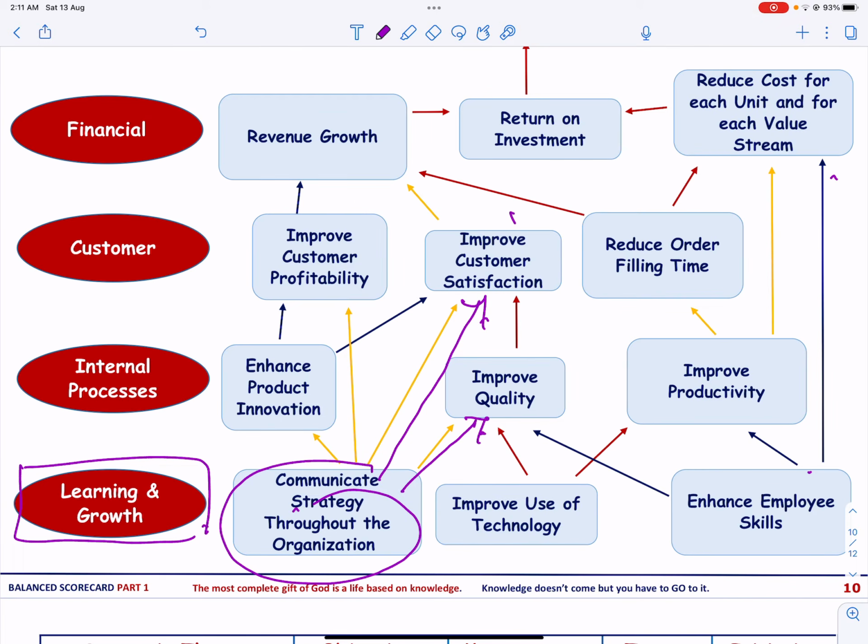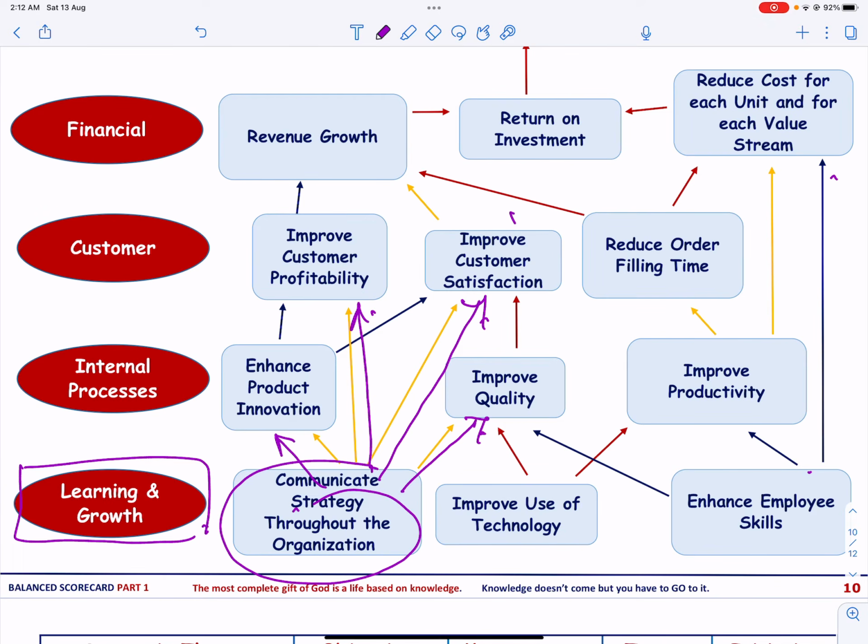By this, the company can enhance product innovation. Thus, as the company trains their employees, rewards and motivates them, the internal process will improve, and so the product innovation, thereby improving customer profitability.